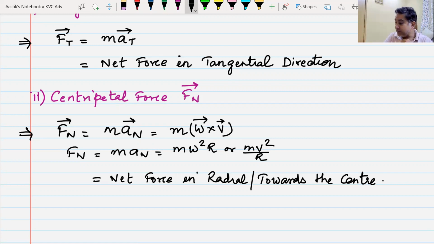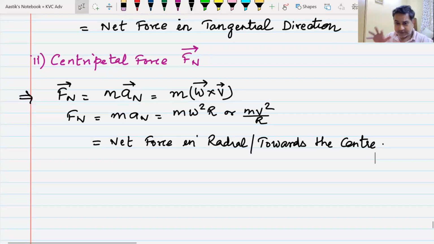Now, whenever we talk about circular dynamics, we will break it up into two types of circular motion. One is circular motion taking place on the horizontal plane. If this is where you are sitting, this is the horizontal plane. So any motion taking place on a flat road is circular motion in a horizontal plane.